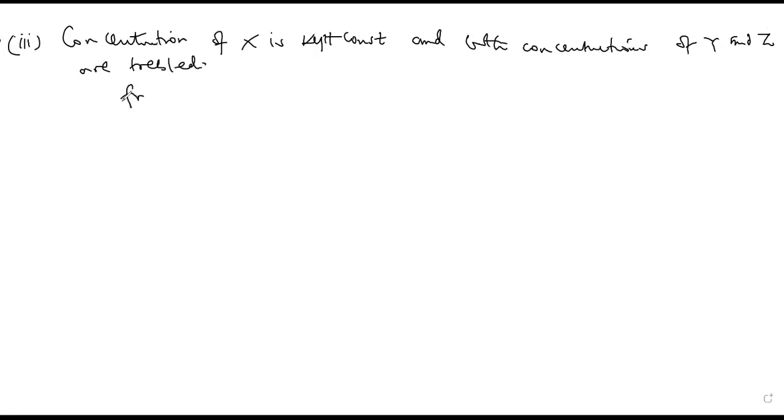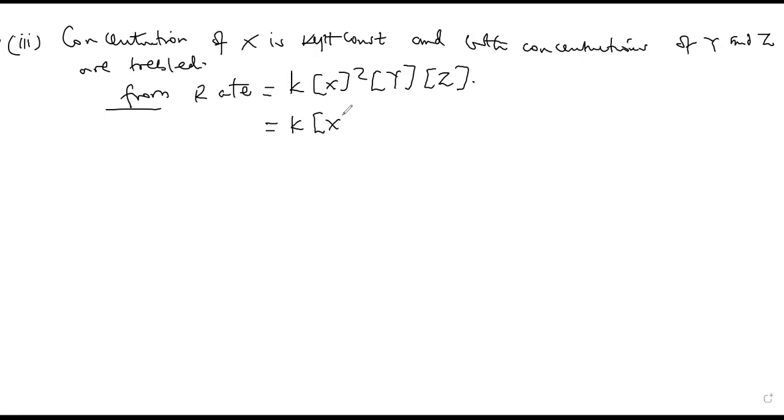Now, from the rate equation, rate is equal to k times X squared, Y, then Z. When we treble, X is kept constant, so it will be rate equals k, X squared, then you're trebling Y and Z. Trebling means 3 times.